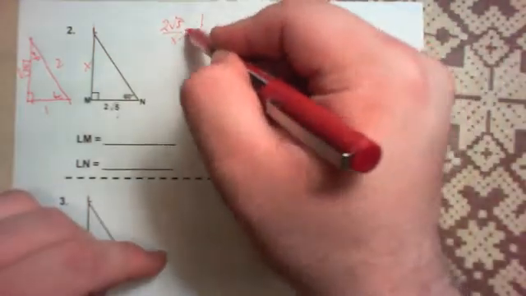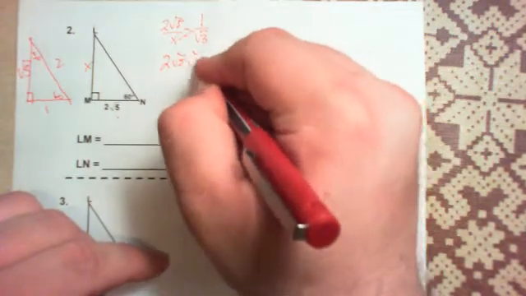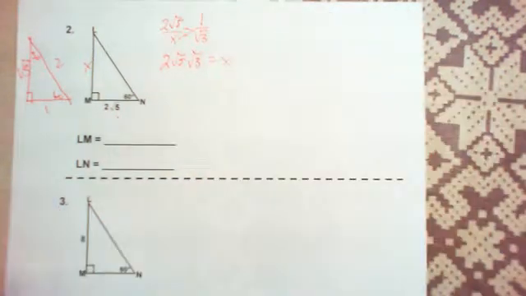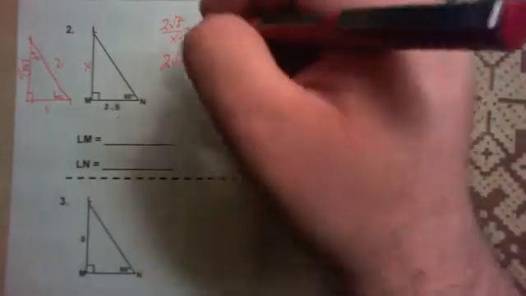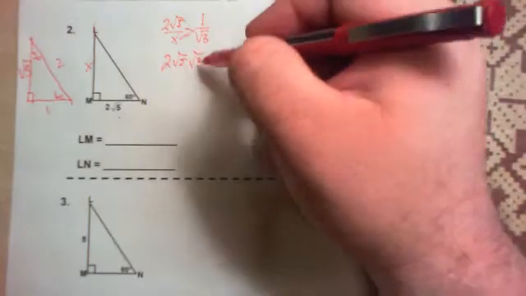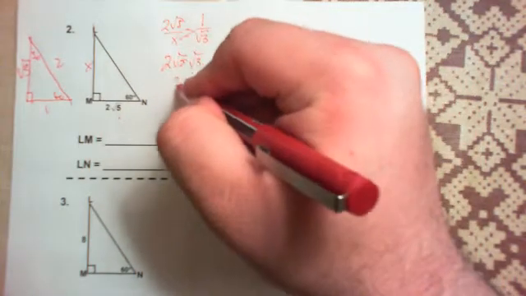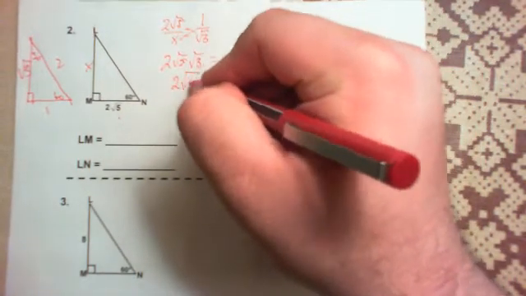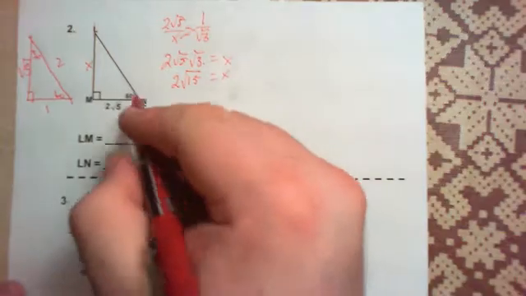When I cross multiply these, I get 2 times the square root of 5 times the square root of 3 equals x by itself, because 1 times x is just x. Remember, when I multiply radicals together, they just combine inside their radical. So I get 2 times the square root of 15 equals x. And I'm done, just like that.